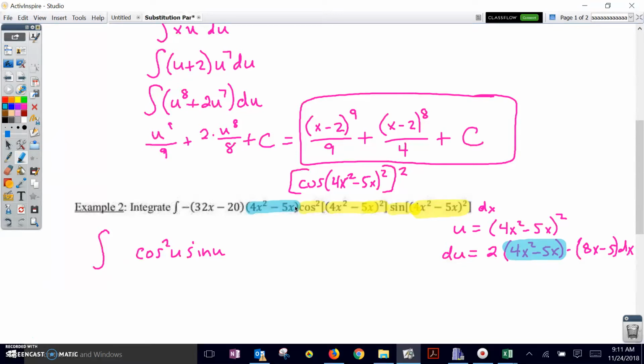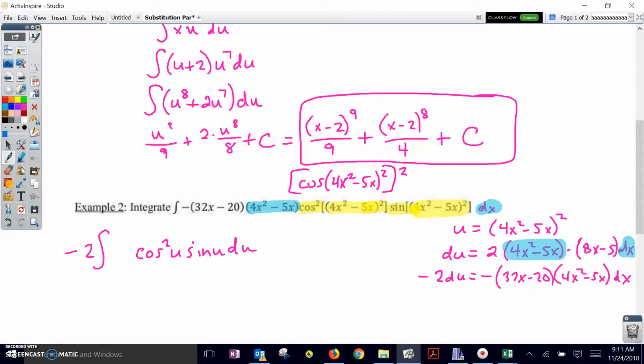And this is a 16x minus 10 if I multiply the 2 and the 8x minus 5 together. So if I multiply this whole thing by negative 2, I end up with the opposite of 32x minus 20 times 4x squared minus 5x times dx. And so I'm going to replace all of that with a negative 2 du.